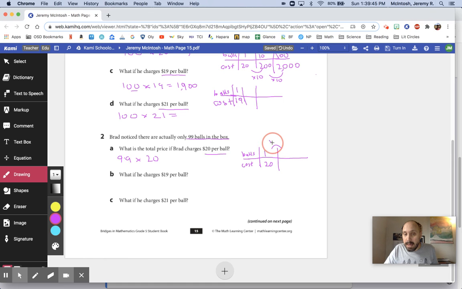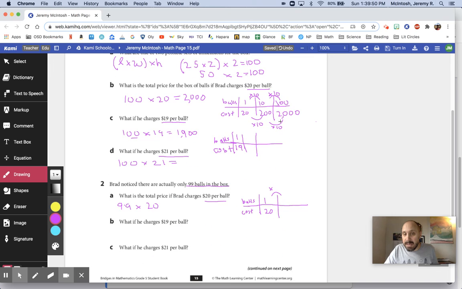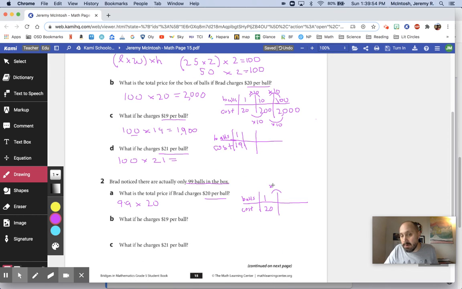So I remember from up here, when I did my ratio table of 20, when I got to 100, it cost $2,000. So what we can do is jump right to 100. And I know that costs $2,000, but I need 99, not 100. So I need to take 1 baseball away from 100. That gives me 99, right?